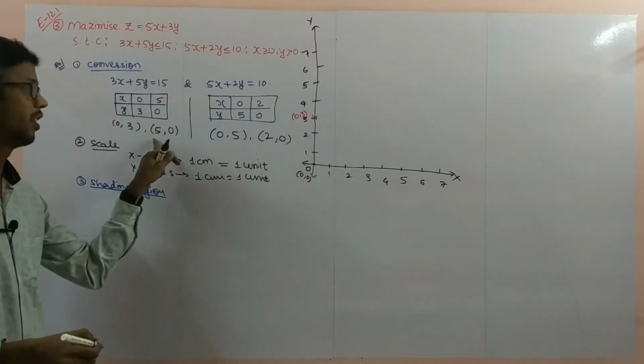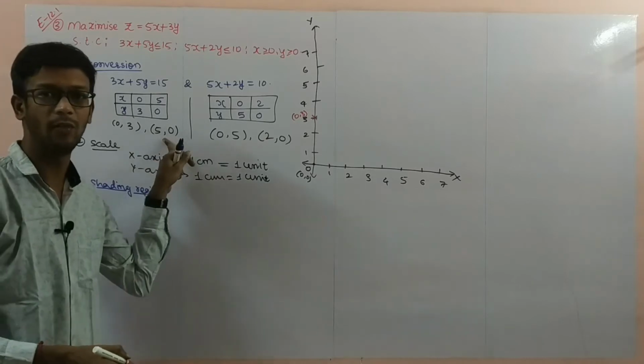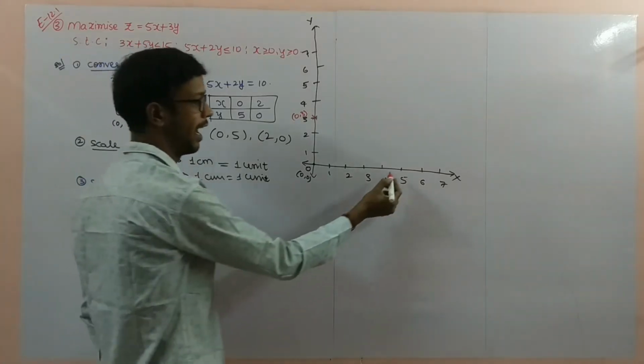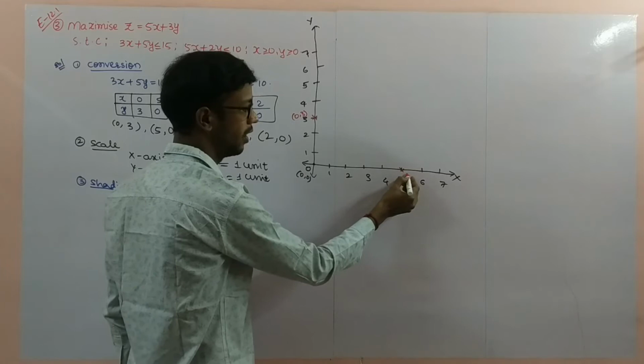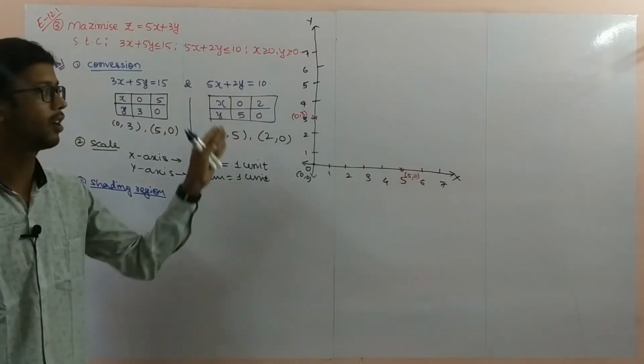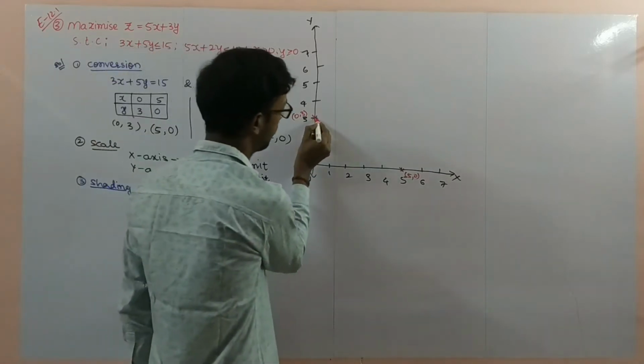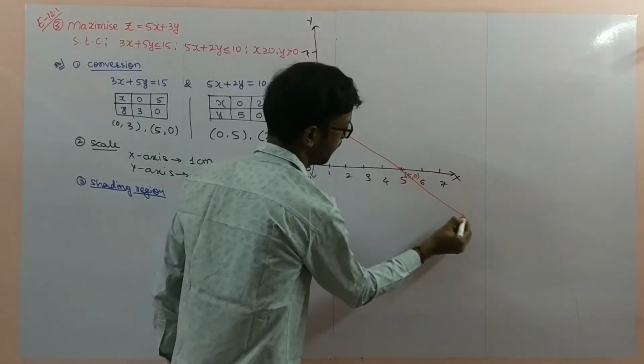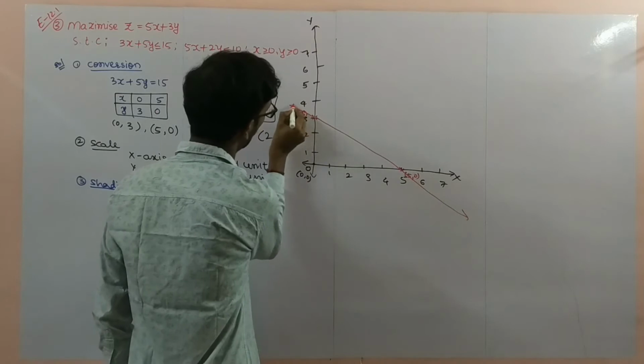The next point is 5, 0: x is 5, y is 0. So this point is 5, 0. Now join the 2 points by a line.